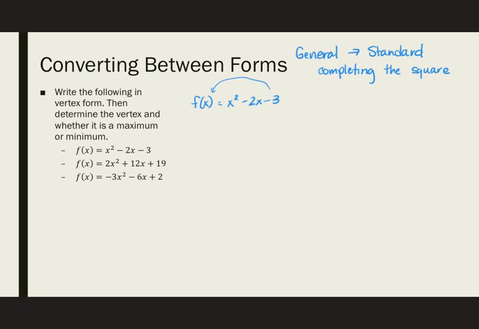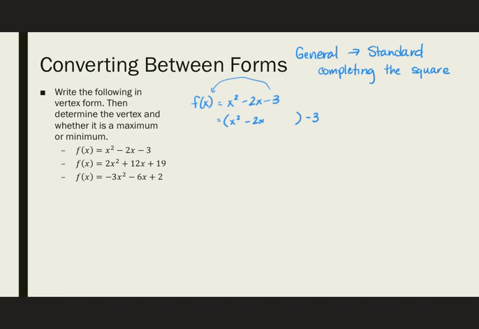That doesn't make any sense, okay? So what we do instead is we treat it a little bit differently. We're going to take this x squared minus 2x, leave space, and then push that negative 3 over to the right. It's not gone. It's still there. We're just going to ignore it for a little bit.